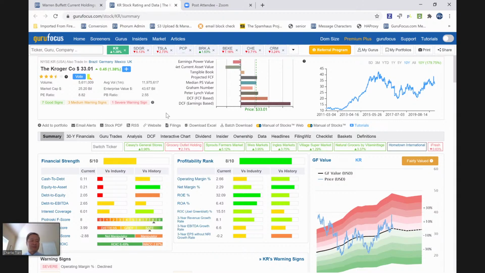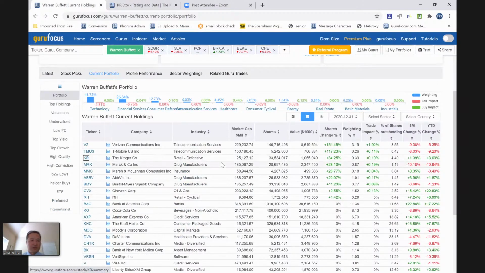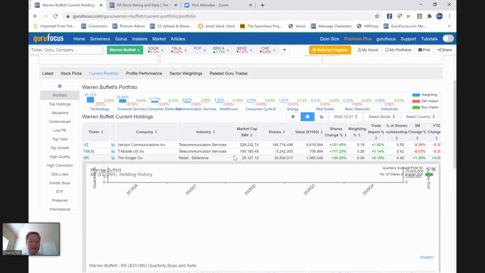It seems like Warren Buffett did just that during the last quarter of 2020, and that's something I want to highlight. And one feature, if you don't know, is that you can always look at the history.